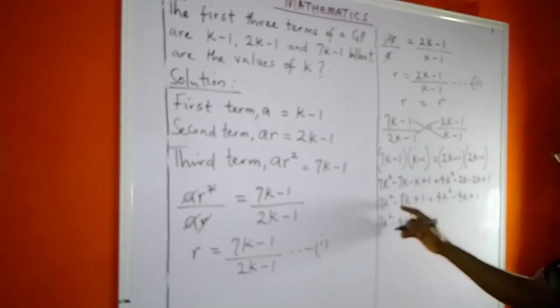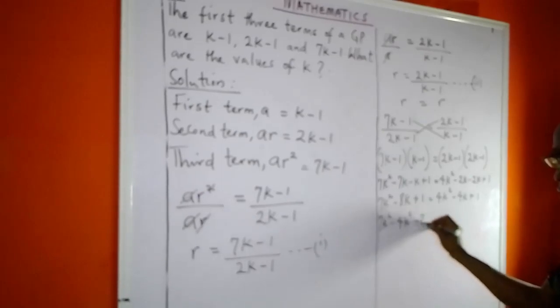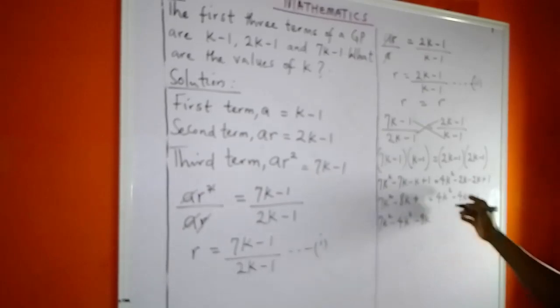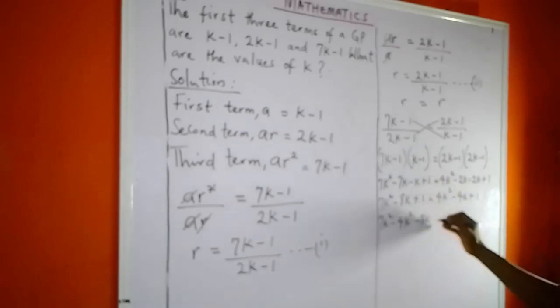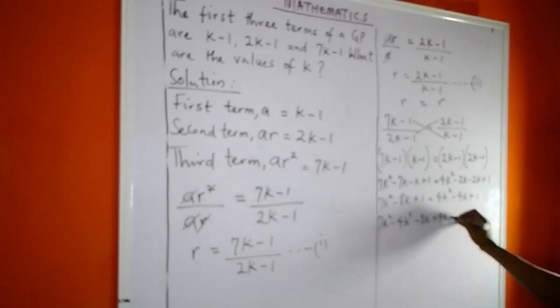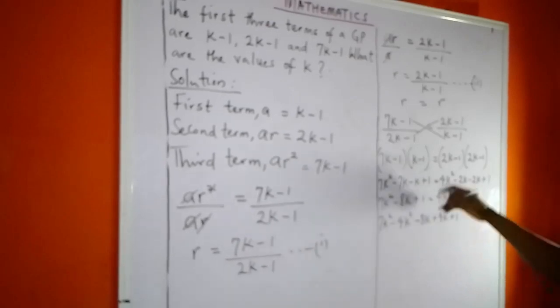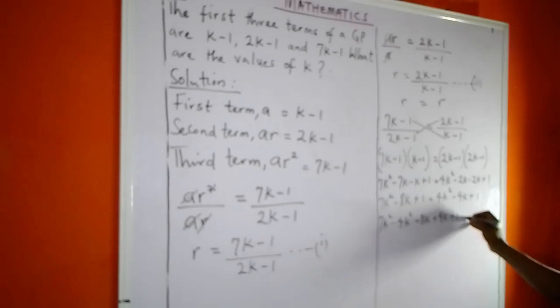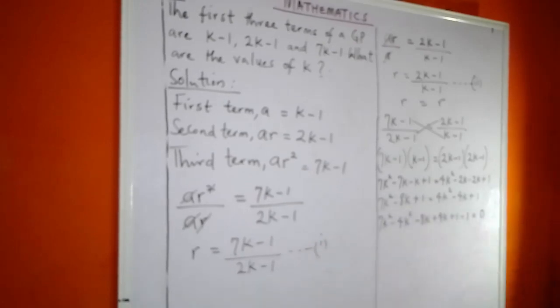Okay, then here we already have minus 8k. Here when it crosses, it will be plus 4k. Here we are having plus 1, then when this crosses, it will be minus 1, so equal to 0.